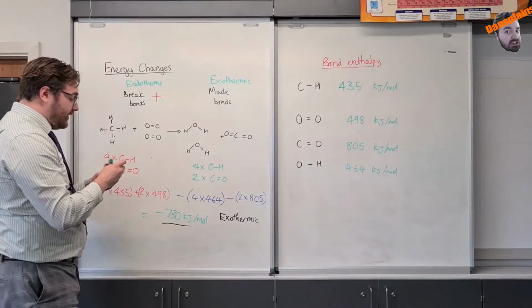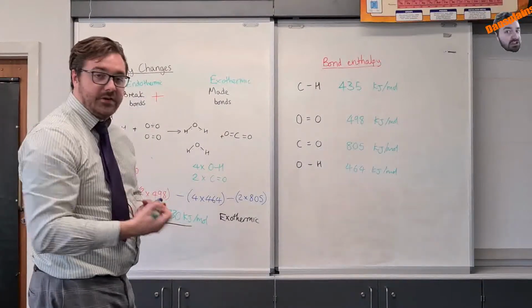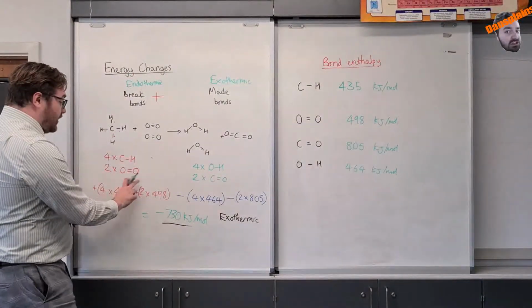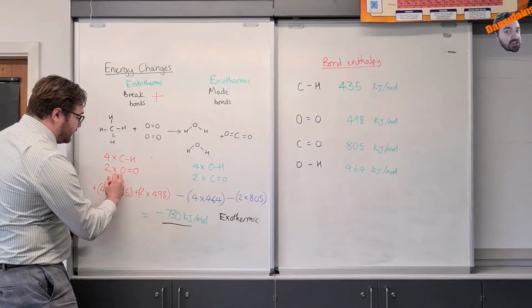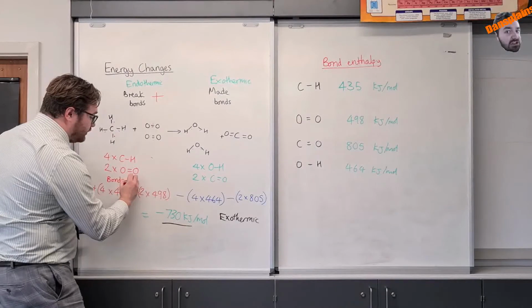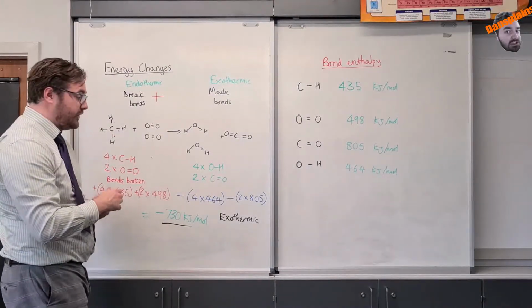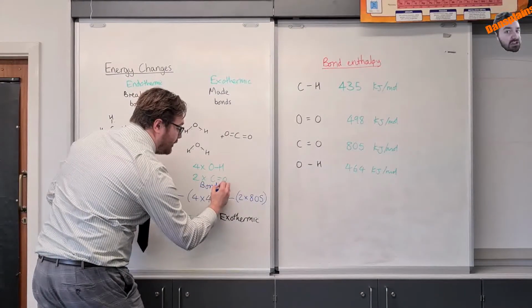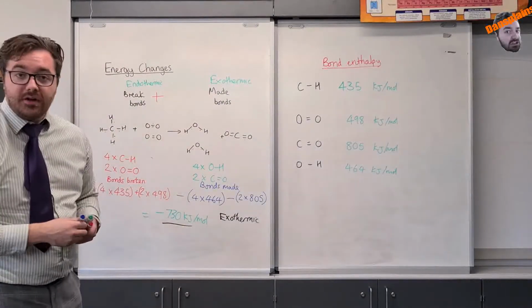Now something that is really interesting is you get marks for nearly everything in this. It is always worth saying "bonds broken" above the calculations where the bonds are broken. It is always worth saying "bonds made" above the calculations where the bonds are made.